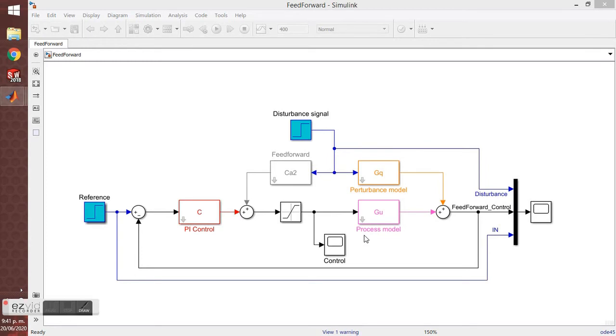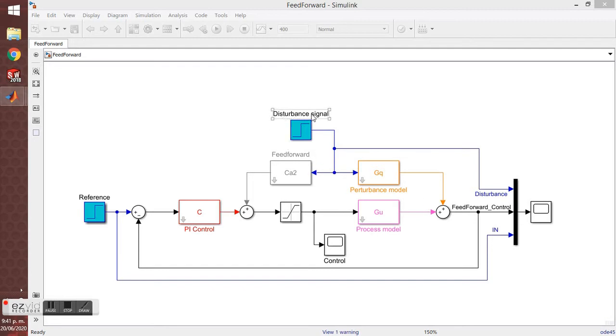Feedforward control. In the case of feedforward control, the plant transfer function has been used as a general process. So there is a first stage of control that is made up of feedforward control along with the disturbance model.